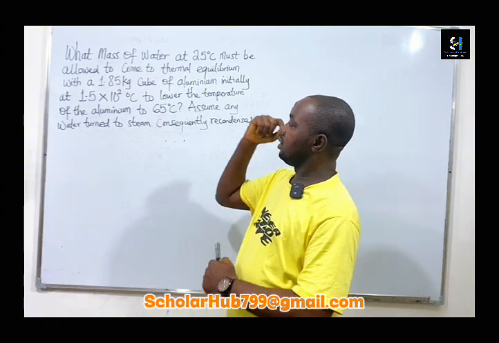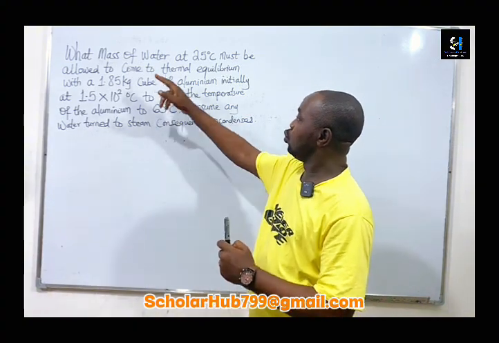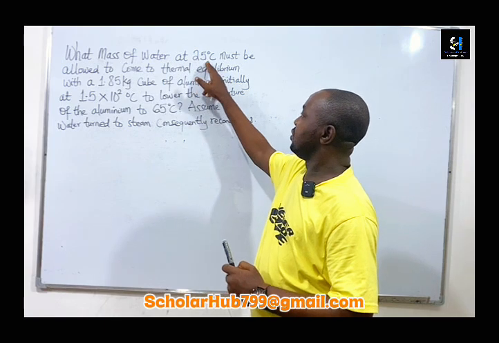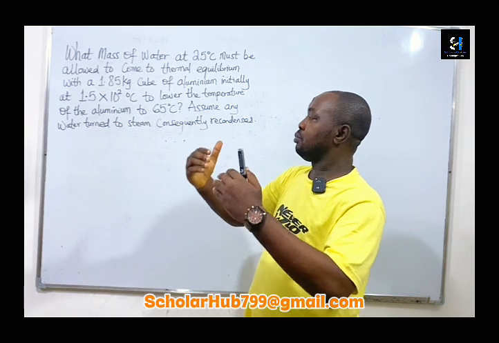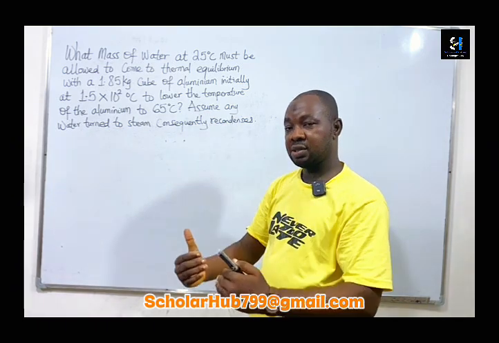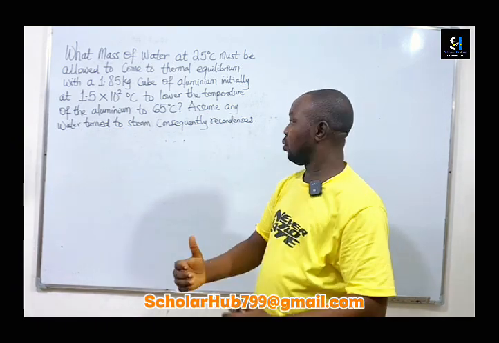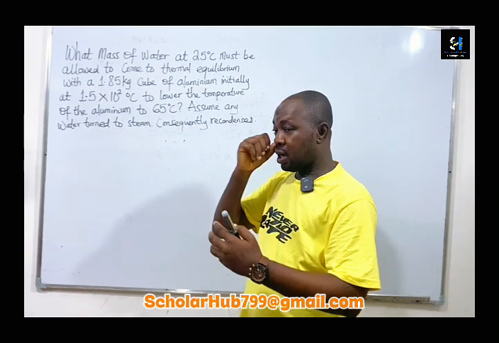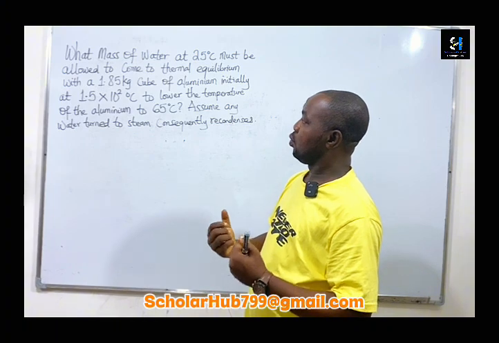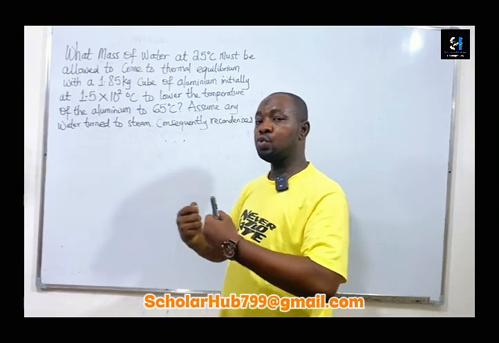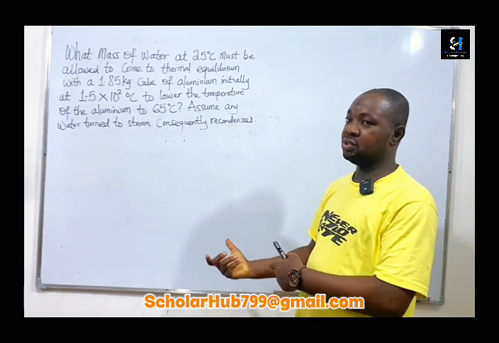When it is transferred into water at 25 degrees Celsius, the initial temperature of water, the temperature will fall, because the water will absorb heat from the hot substance, while the aluminium will lose heat to the cold substance, which is the water.